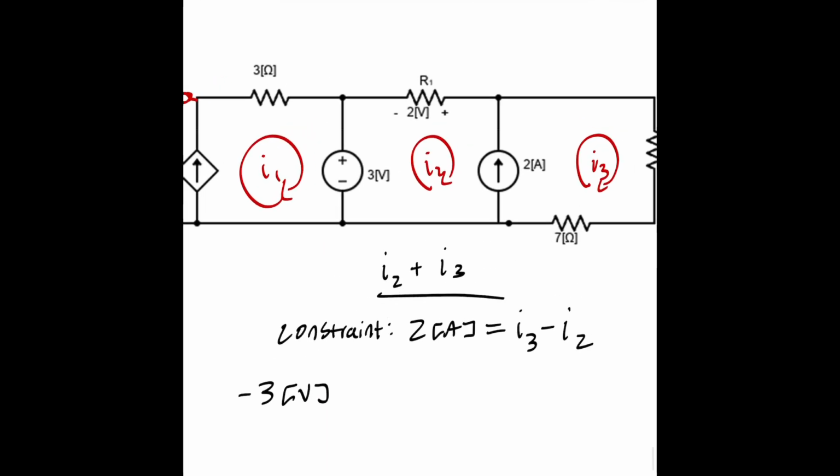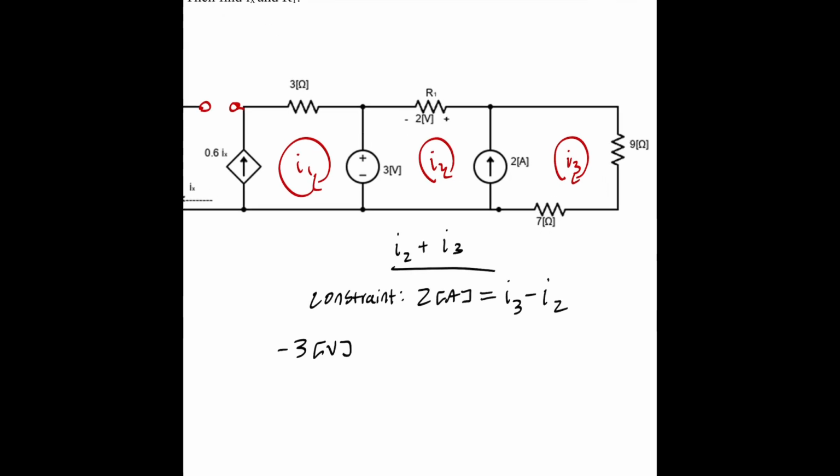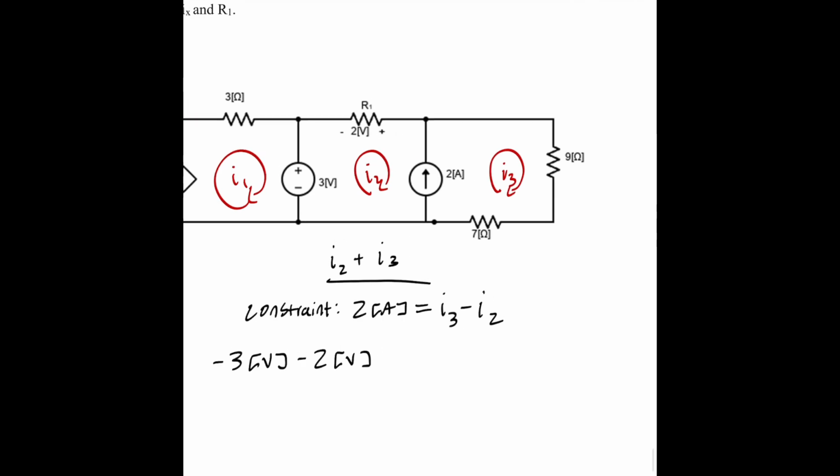And now we have to write this voltage value. We can't do I2 times R1 because that introduces another unknown. It makes our lives harder. So we can just write this voltage value because what we're doing is a KVL. And a KVL is just a sum of voltages. So we can just write minus 2 volts. And then we have plus 9I3 plus 7I3. And that completes our loop. So we'll set that equal to 0.